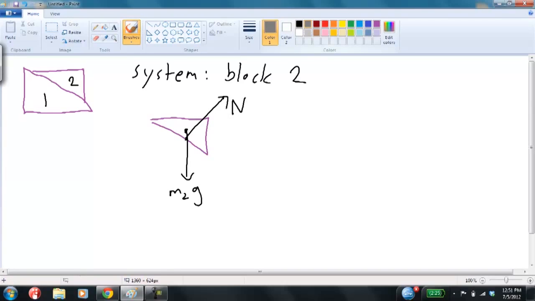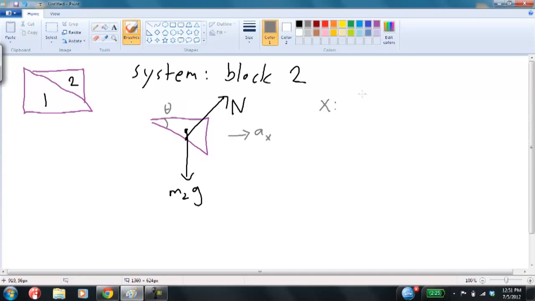Okay, now we also know that this thing is going here in the x direction with acceleration a. So again, this is Newton's laws applied, and that means F equals ma. So we look in the x direction, and this is theta.